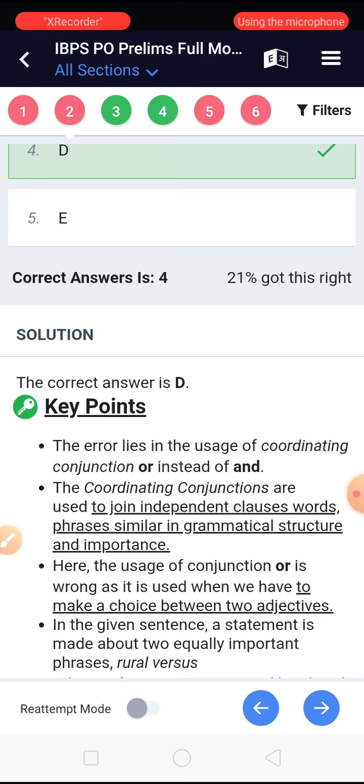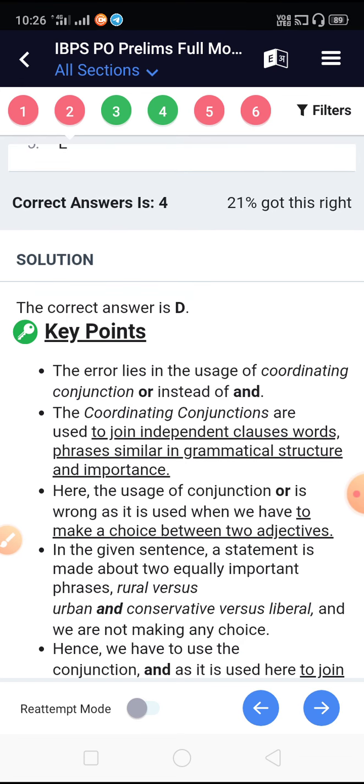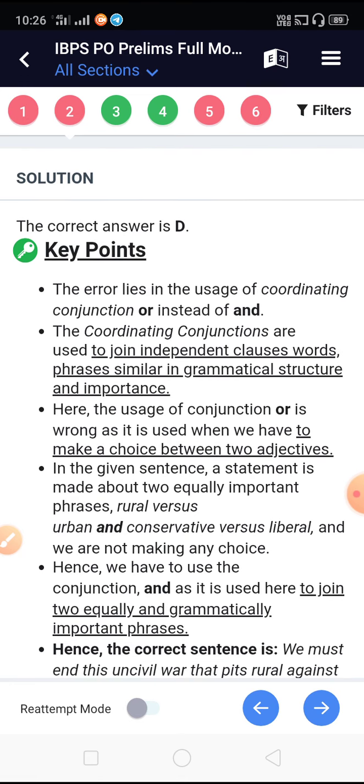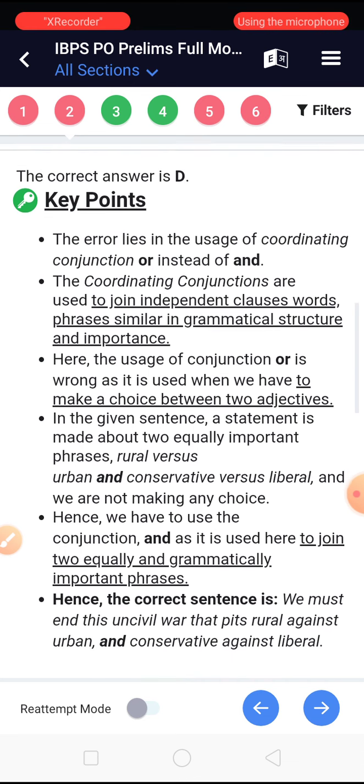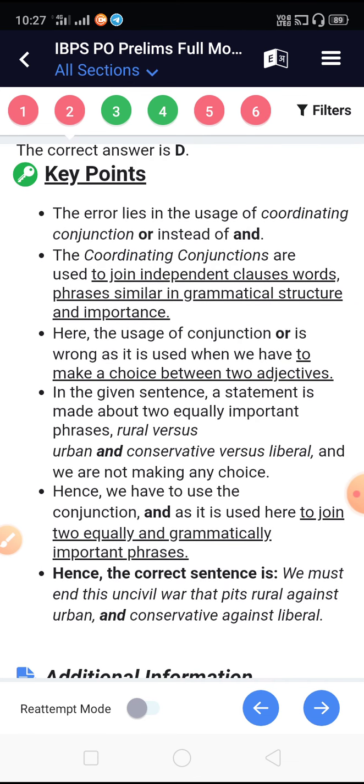The coordinating conjunction or instead of and. Coordinating conjunctions are used to join independent clauses or phrases of similar grammatical structure and importance. Here the conjunction or is wrongly used, as it is used to make a choice between two options. Urban versus rural and conservative versus liberal, we are not making any choice, hence we have to use the conjunction and to join two equally and grammatically important phrases.